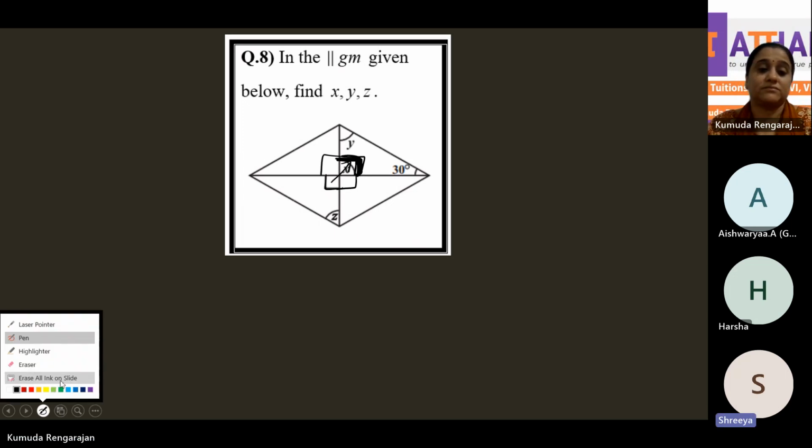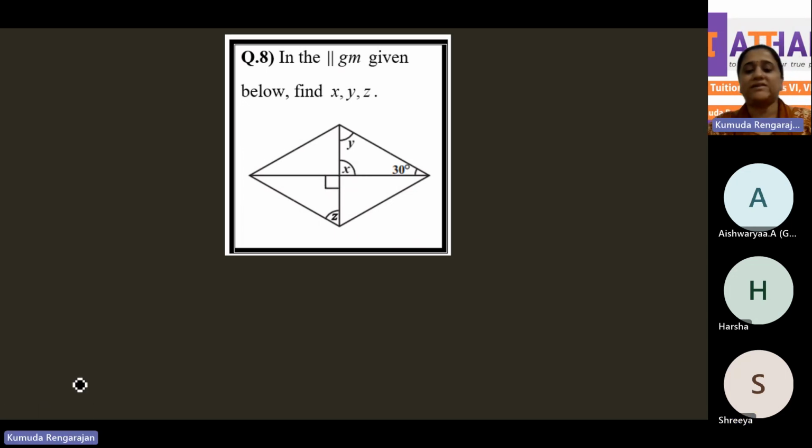And y is 60, ma'am. Y is 60. Which property? Angle sum property of a triangle, correct. Because this is 90, 90 plus 30, 120. So y will be 180 minus 120, 60 degrees.